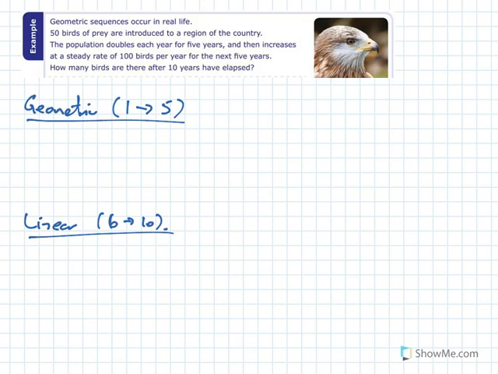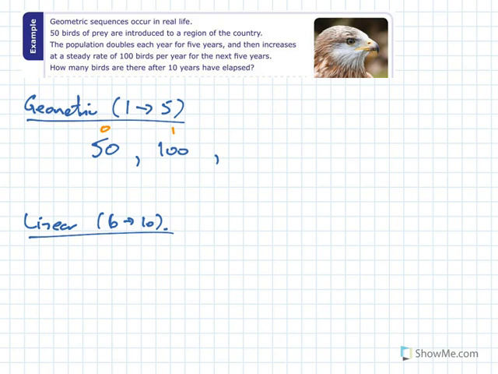Okay, so geometric wise, now some people get this bit a bit confused. 50 were introduced at the start. So that's sort of at year 0, because no time's elapsed yet. We've literally just plonked them in an environment. And then to get to the next term, I need to times by 2. So then I've got 100.